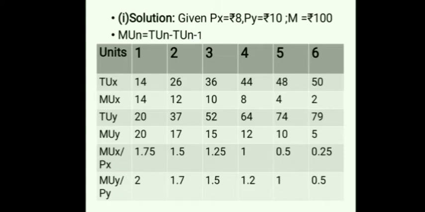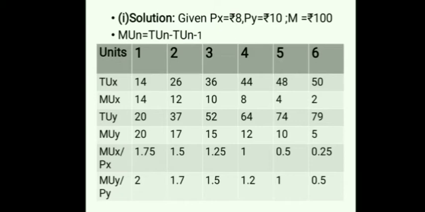Now let us discuss the condition for the first part. We know what is MU of x. MU will be equal to delta TU, that is TUn minus TUn minus 1. Using this, we find the MUx for each unit as well as MUy for each unit. And also, we divide MUx by price of x and MUy by price of y, and we get MUx by Px and MUy by Py.